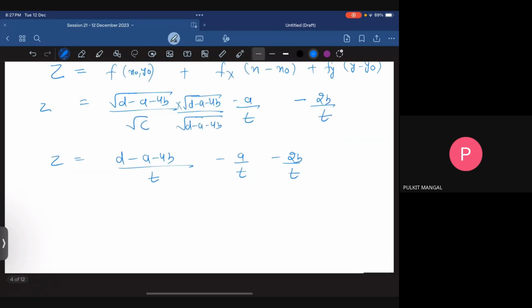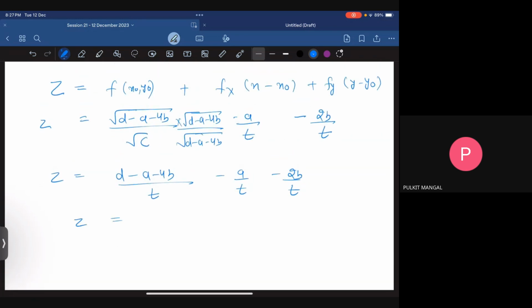Now this t would go here, so it would be t times z, and I forgot this part: x minus 1, y minus 2. So after it would be a times x minus 1, minus 2b times y minus 2.